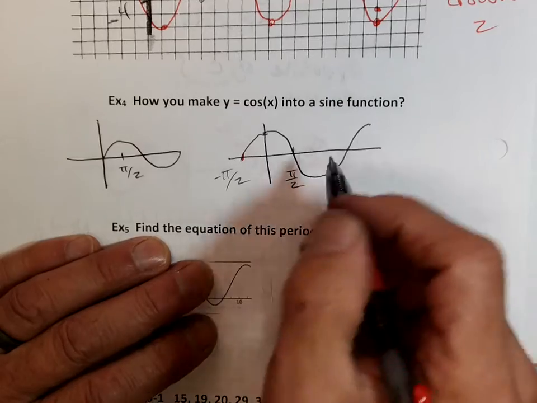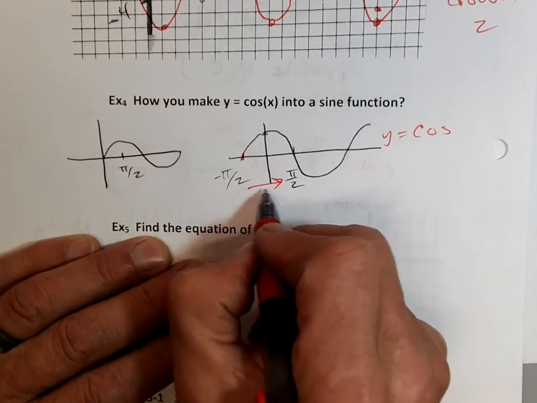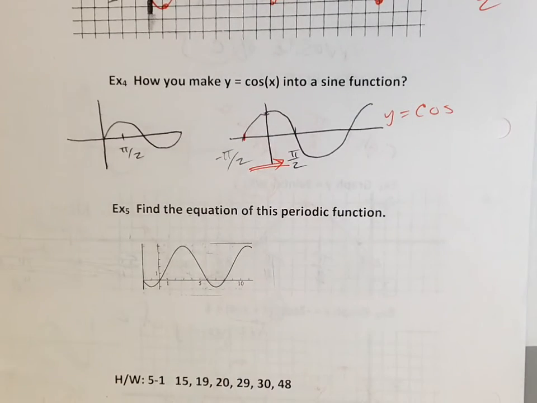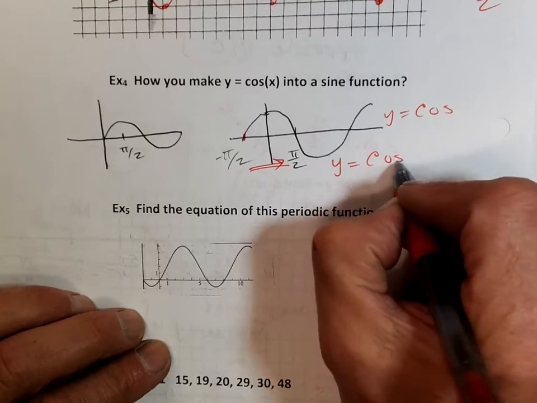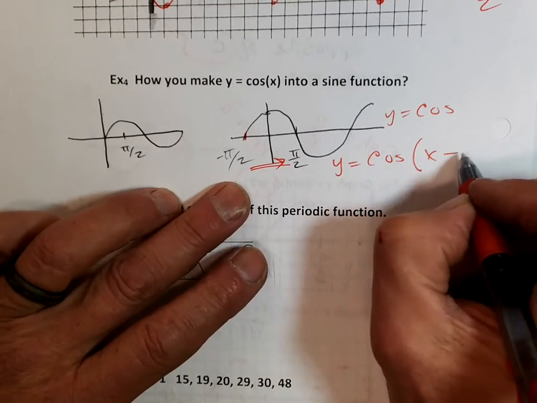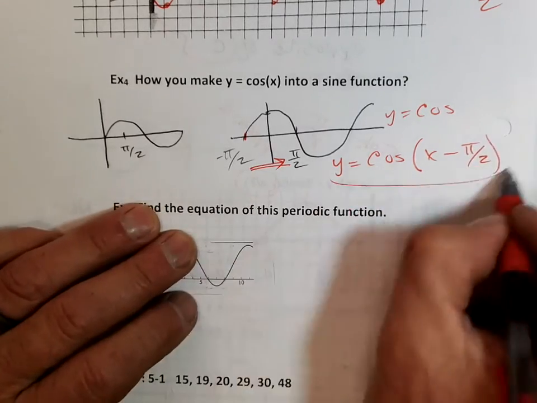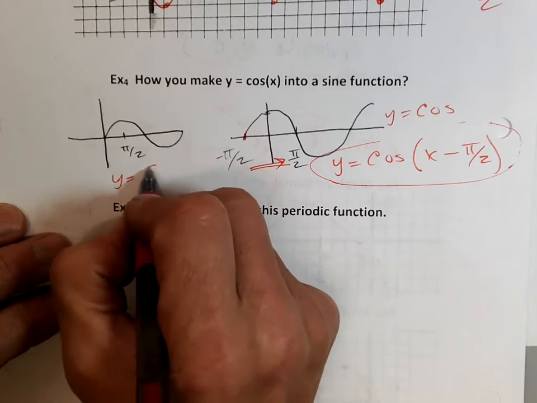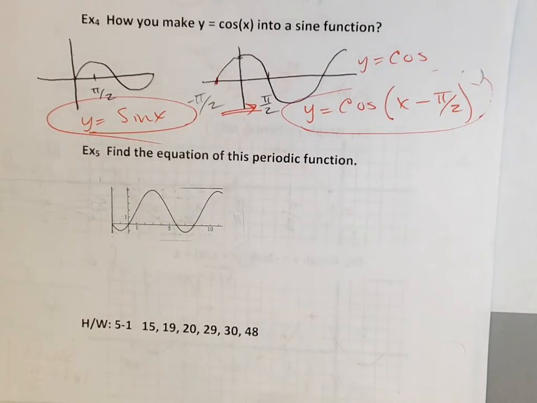You can take the cosine curve, y equals cosine, and move it to the right pi halves. So if we have y equals a cosine of x minus pi halves, these two, and y equals sine of x are the exact same graph, just by a shift of pi halves. And again, in science, you just don't see it, right?